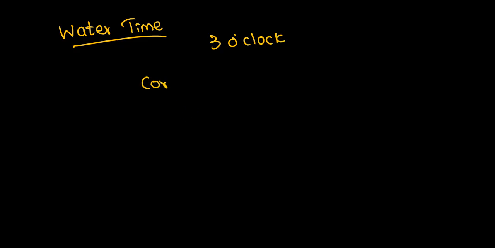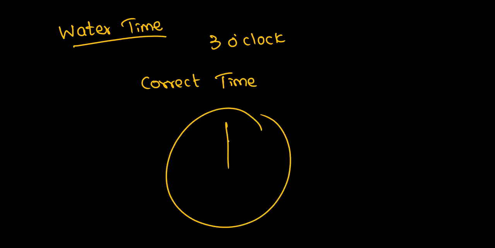Draw the diagram, water image for that. Correct time 3 o'clock: the minute hand should be at 12, the hour hand should be at 3. Okay, sir. Now do water image first. Then we'll talk.